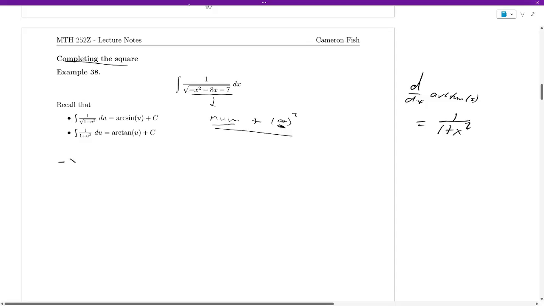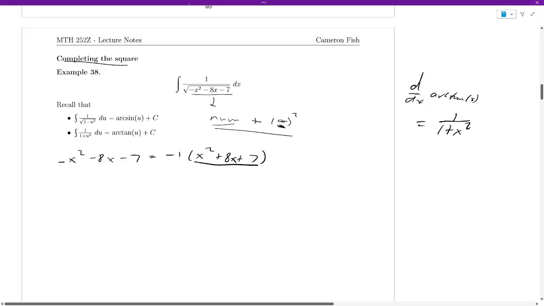Our polynomial is minus x squared minus 8x minus 7. First of all, I'm just going to factor this negative 1 out. You're always allowed to do this, and it makes things a little bit easier. Now I can just focus on this polynomial and think about the negative 1 later.